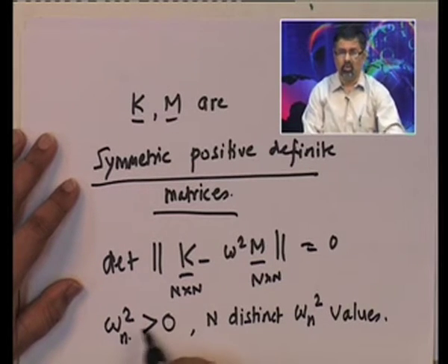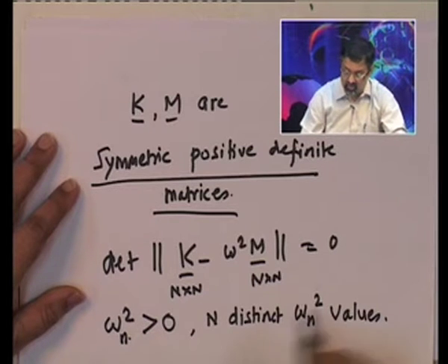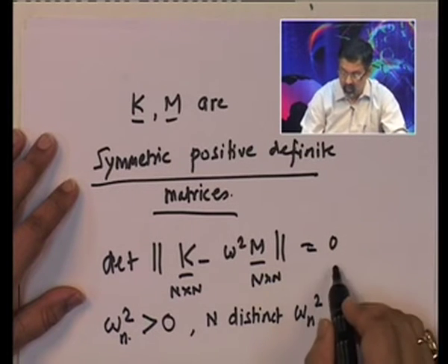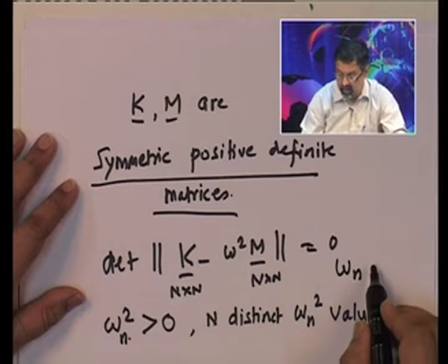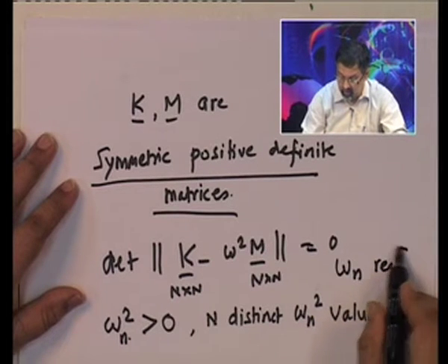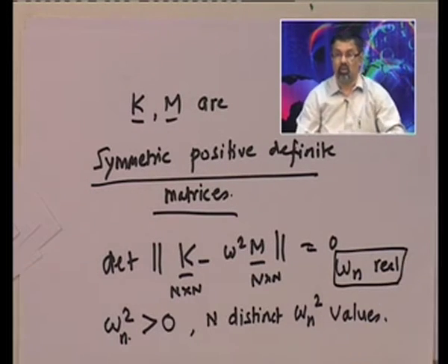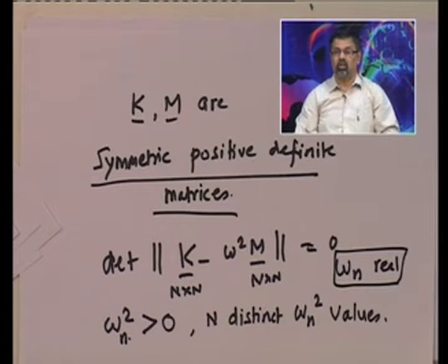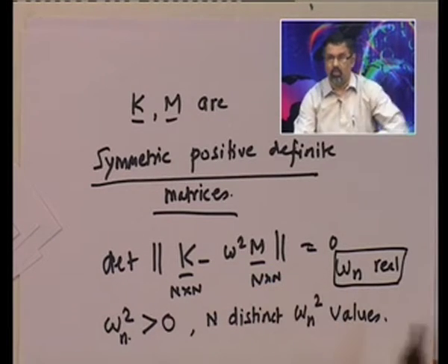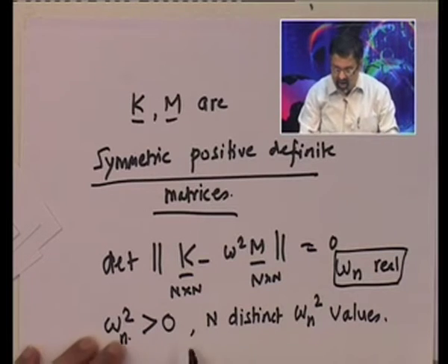What is the beauty of this? Well, this means that you have omega n real. That is what it means. And of course, omega n by definition is the frequency of natural vibration, and therefore, it is not only real, it has to be positive. Okay. So, there are n distinct.